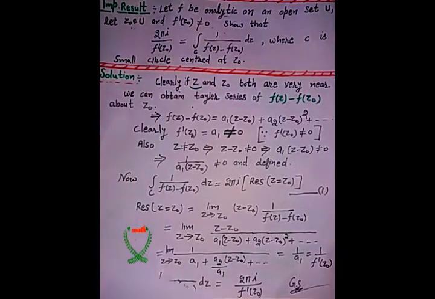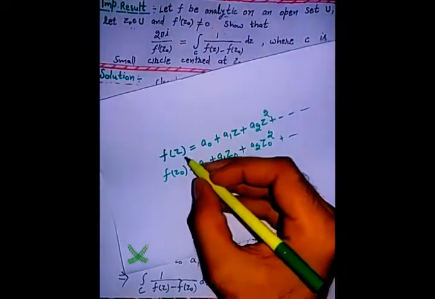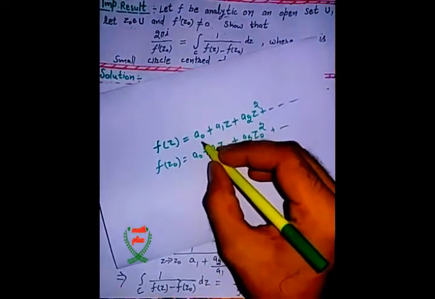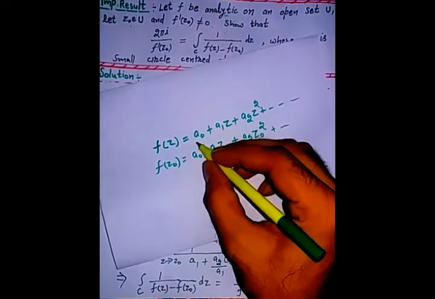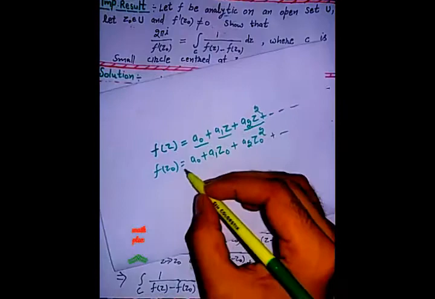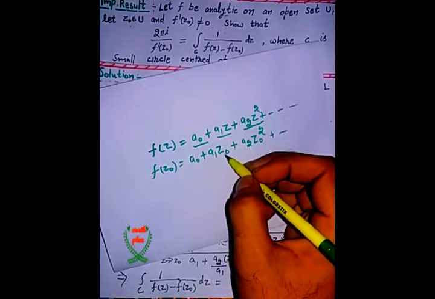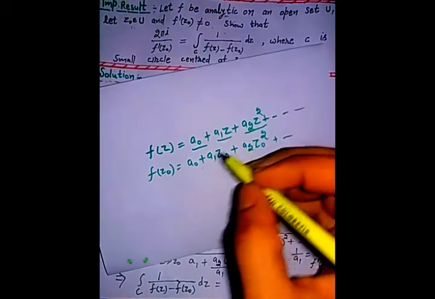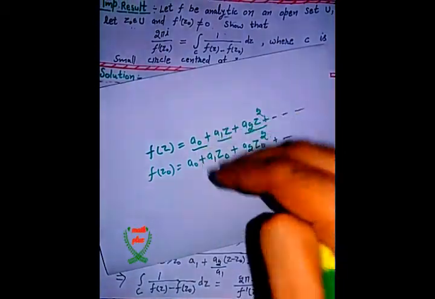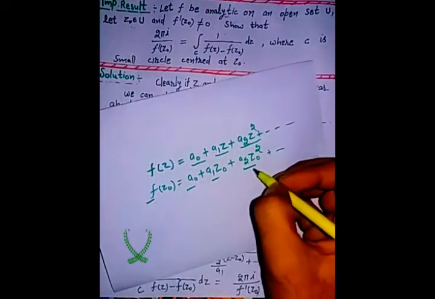f(z) and f(z0) like this. So we can expand the value of f(z) like this: a0, a1 z, a2 z squared. After that we can put the value of z0 in f(z). We get a0, a1 z0, a2 z0 squared, and after that we can subtract these two series.